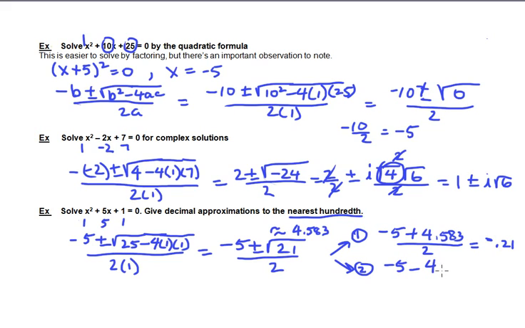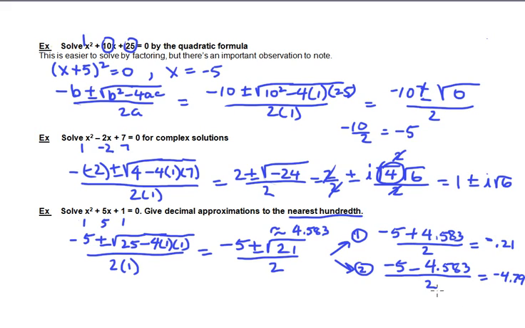So I've got negative 5 minus 4.583. And that's going to give me something pretty close to negative 10. Then divided by 2 is going to give me negative 4.79, again rounding to the nearest hundredth.